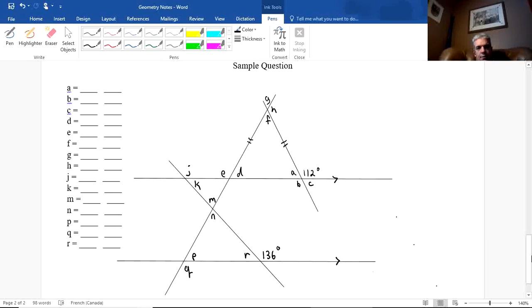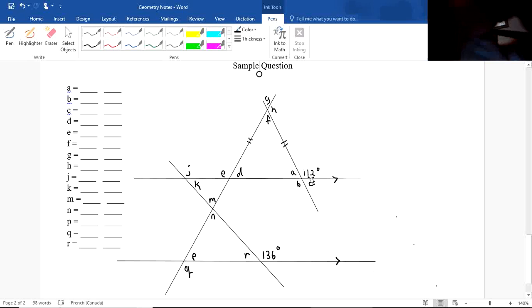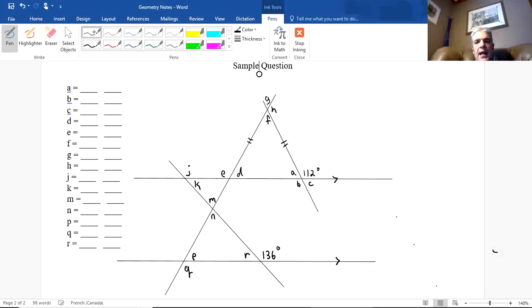And for each one, we can get an answer, and then we can state the corresponding theorem. So for example, if I want to do A here, A will be 180 minus 112, okay?